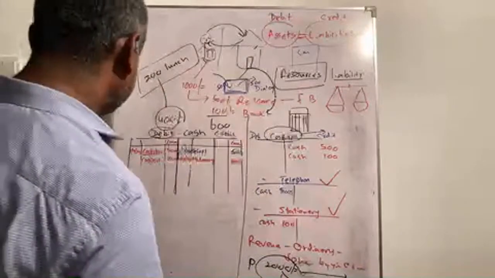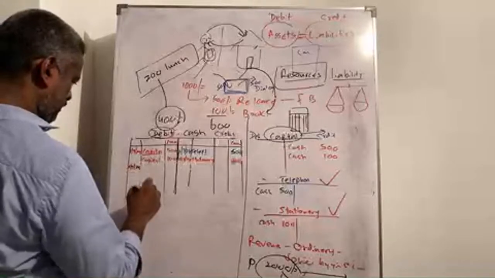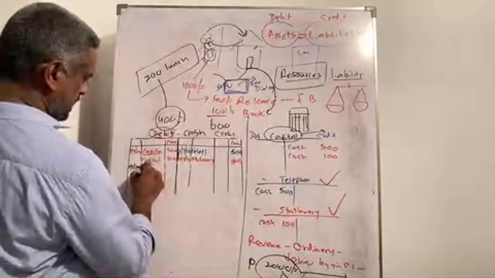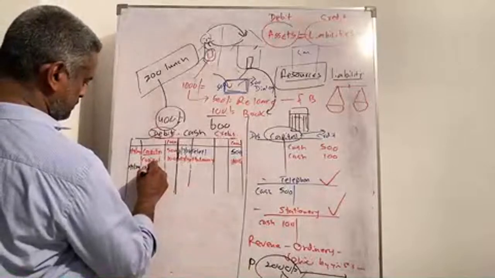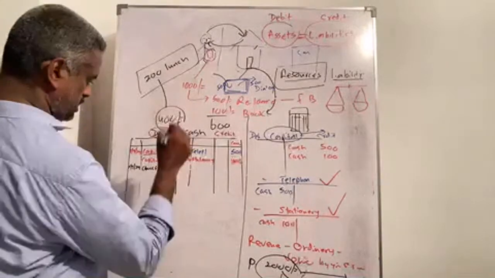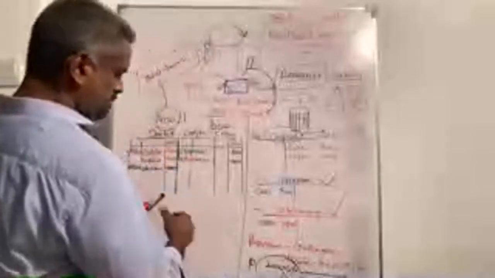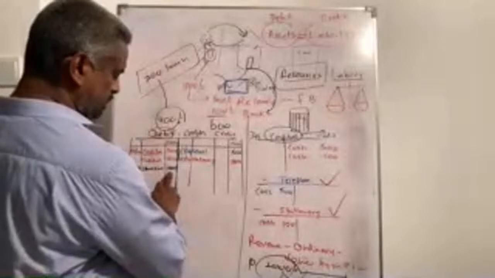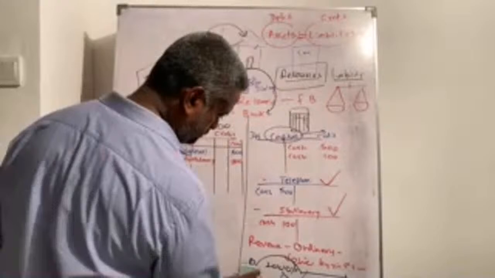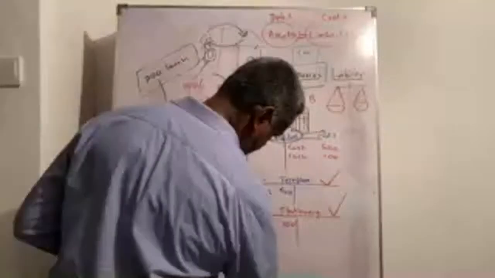Then cash received, 5th July 24, let's say. Class fees 1000 rupees, right? Then this one 1000 rupees. Then what is the account on the next side?